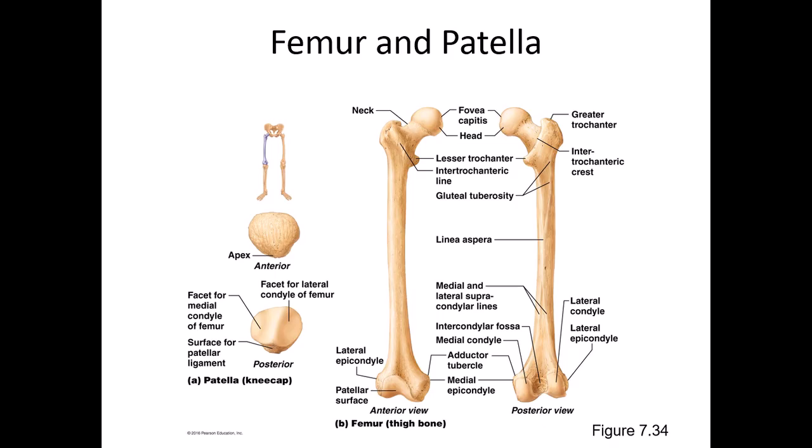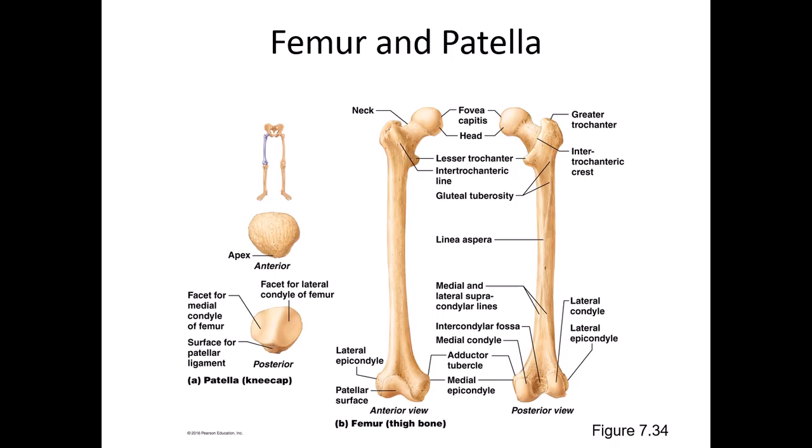There's also a gluteal tuberosity for gluteus maximus. And then along the diaphysis of the femur, we have the linea aspera. That translates into roughened line. It's a roughened ridge that runs along the dorsal side of the femur's diaphysis. And that's going to be for attachment of largely the adductor muscles in the medial compartment of the thigh.